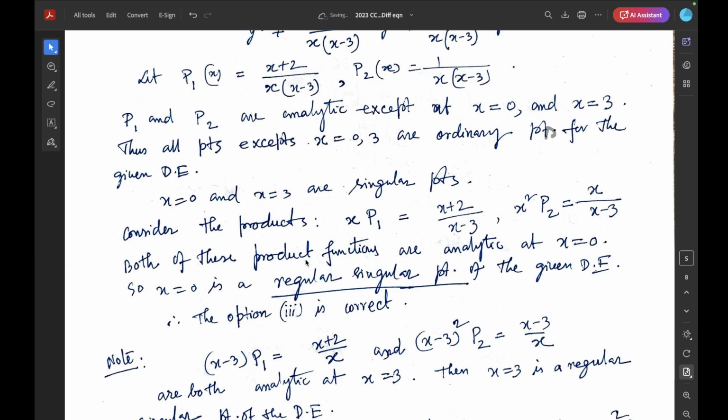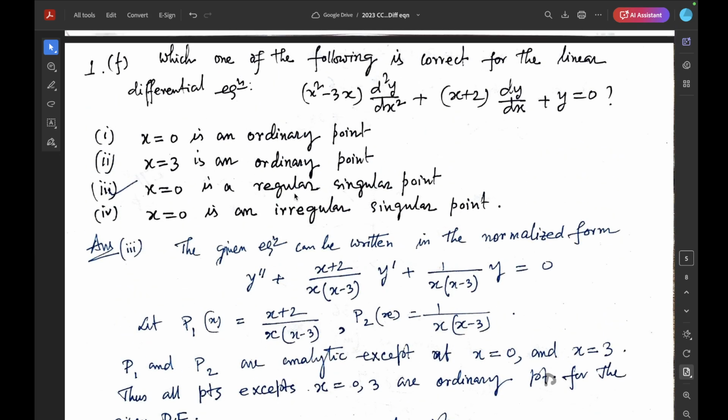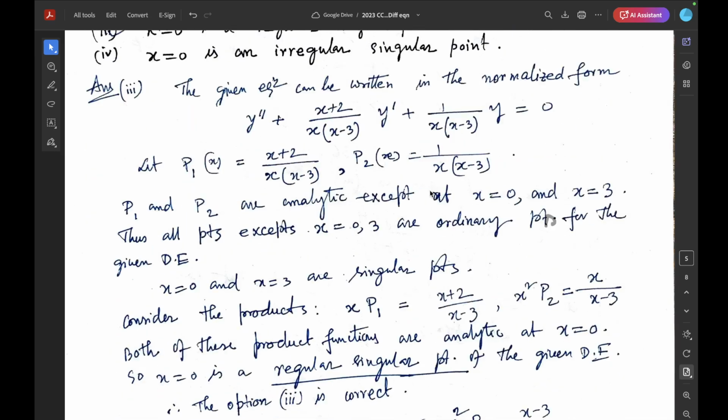Both these product functions are analytic at x equal to 0, because there is no x in the denominator of x p1 and x square p2. So x equal to 0 is a regular singular point of the given differential equation. So the correct option is 3.